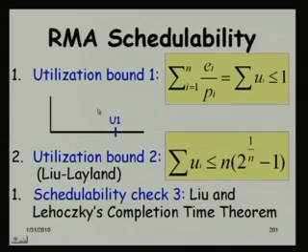So, this diagram says that for utilization bound U1, if it is less than U1, then there is a chance that the set of tasks will be schedulable. If it is more than U1, then obviously the set of tasks will not be schedulable.